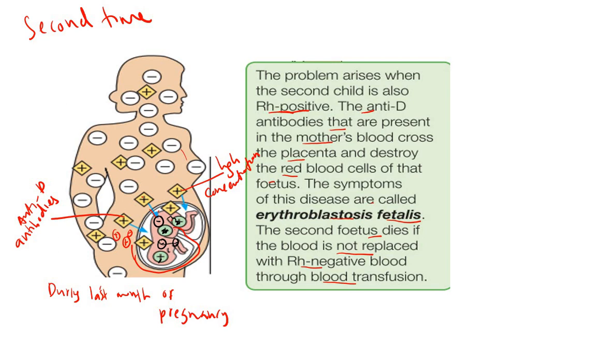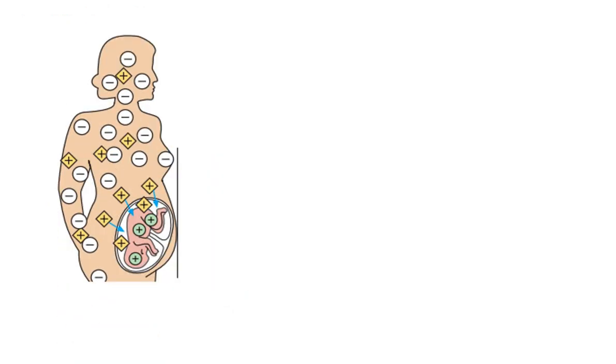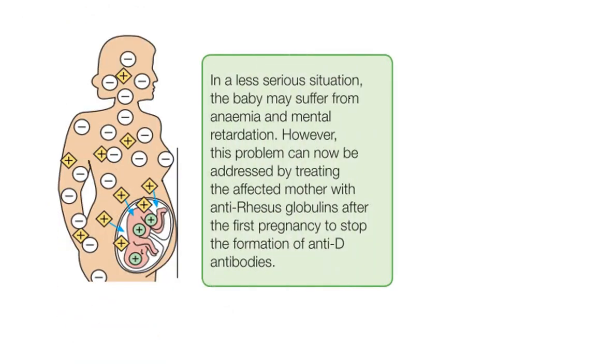However, in a less serious situation, the baby may suffer from anemia and mental retardation. Let's say the fetus can still survive and come out safely from the mother, but the baby may suffer from anemia.